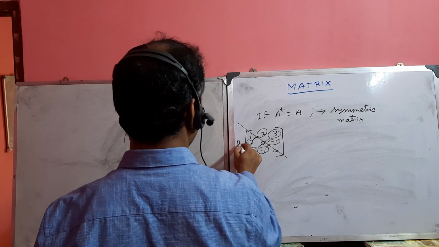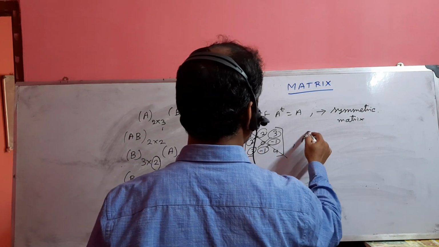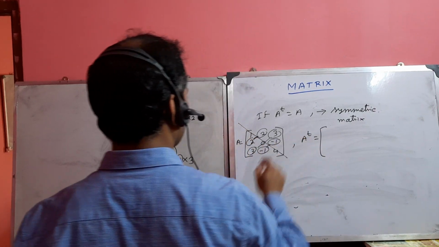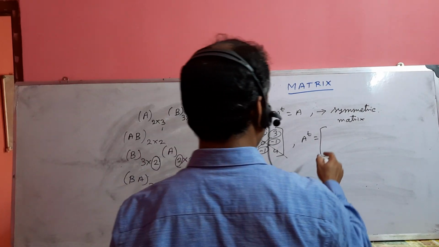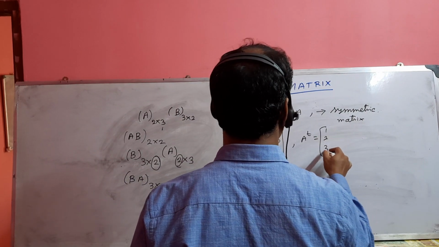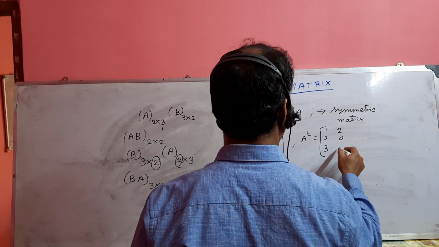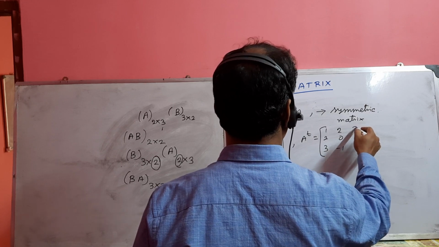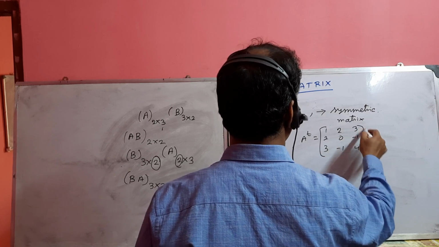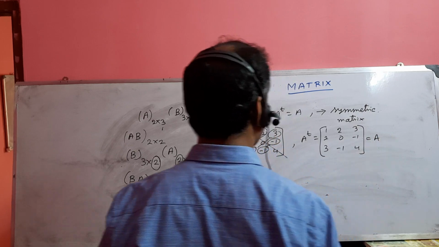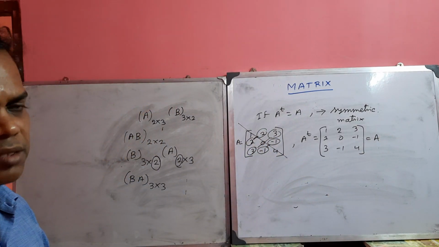So this one is A, and A transpose, if we write the rows as columns, is 1, 2, 3, 2, 0, minus 1, 3, minus 1, 4. So A transpose equals A, then A is a symmetric matrix.